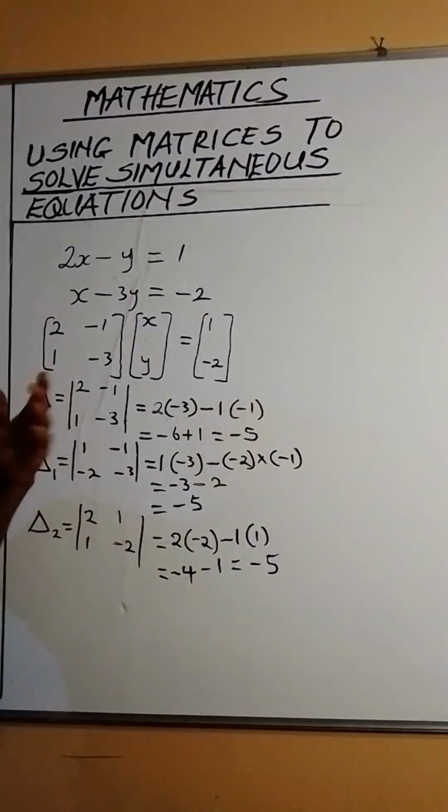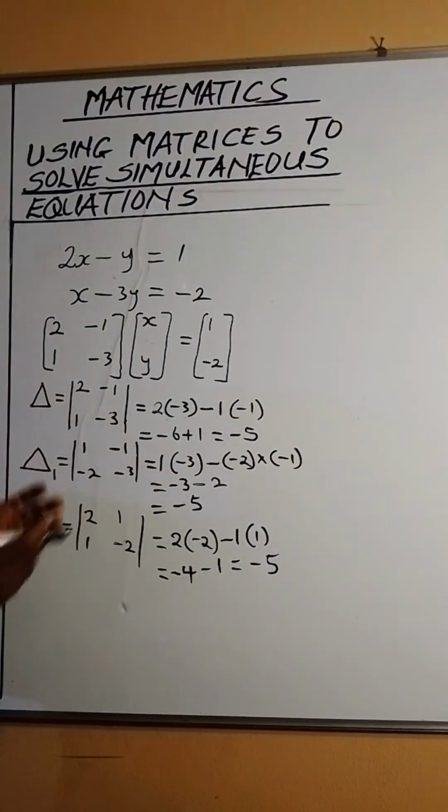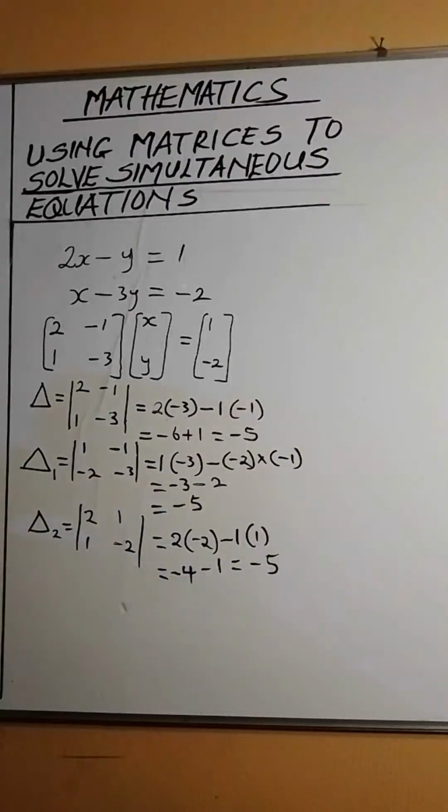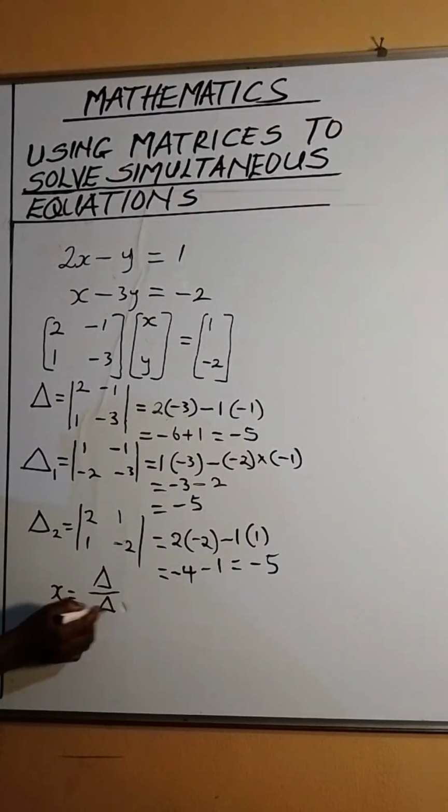So it means that the answers for x and y are 1, okay? x will be 1, y will be 1. Look at them here. Now, how do we get our x? Our x is going to be delta divided by delta 1.